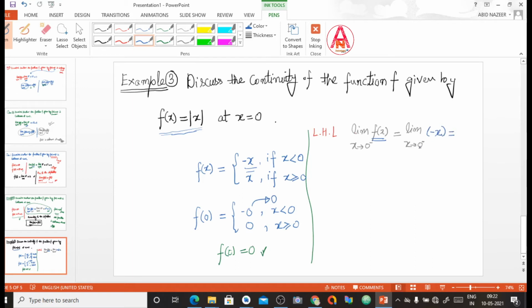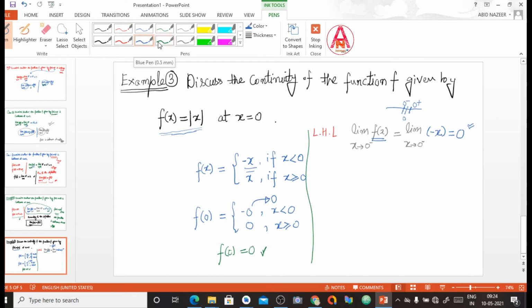If we put 0 minus in place of x, it is going to be 0, because it is already negative, just slightly to the left of 0. We can take it approximately as 0.